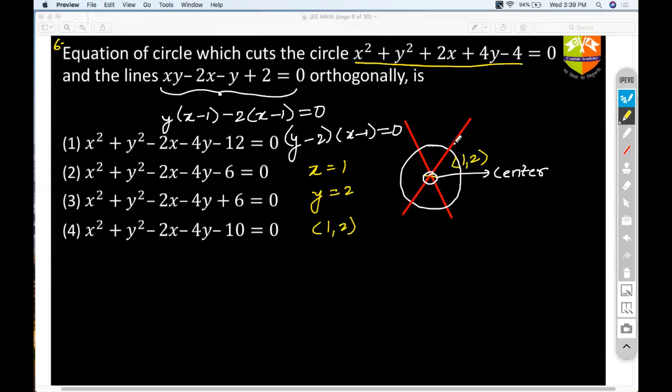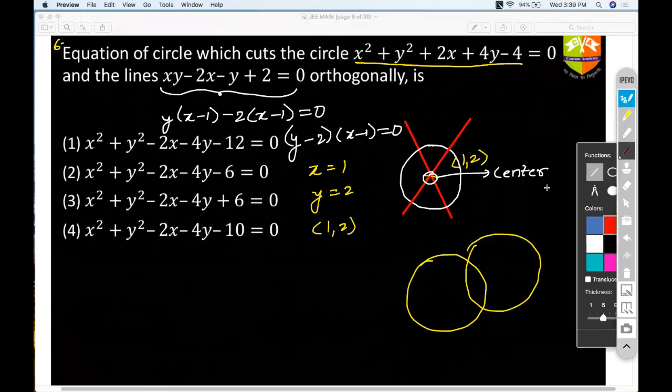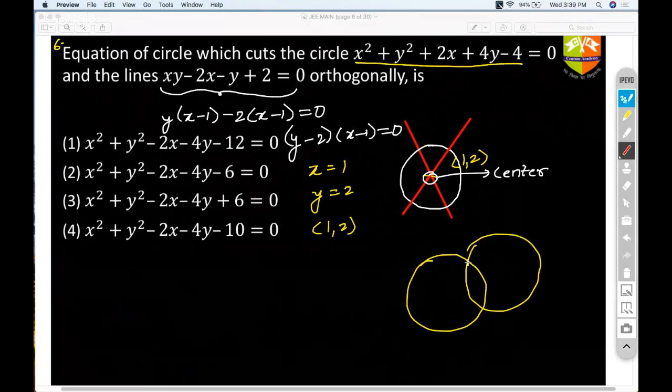So basically from the center of the circle, we are going to draw a tangent to this given circle, right? Because if they're cutting orthogonally, let's say these two circles are cutting orthogonally, then the tangent drawn at the point of intersection must pass through the center of the other, correct?